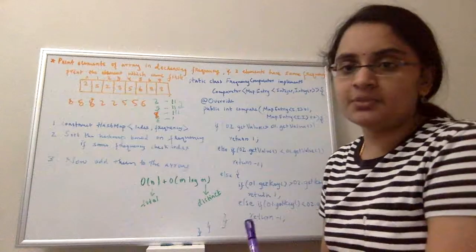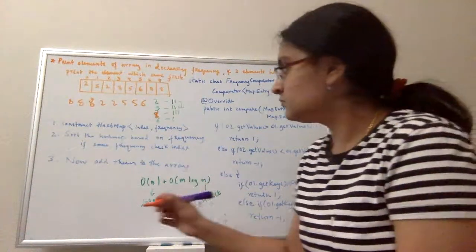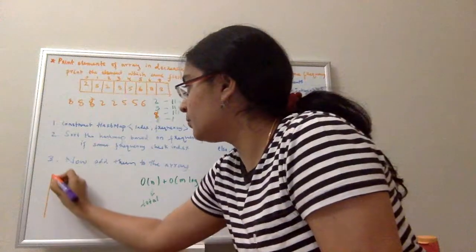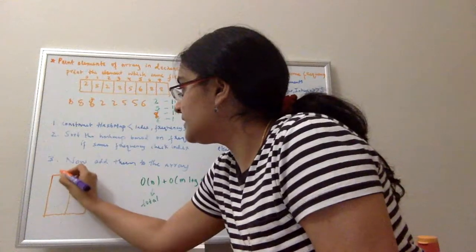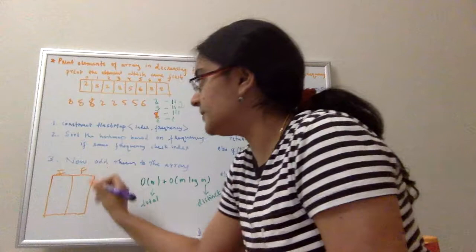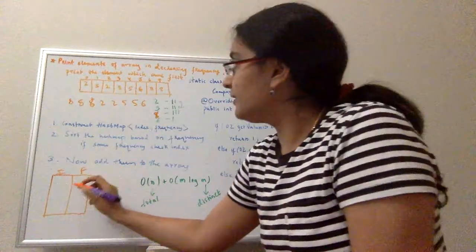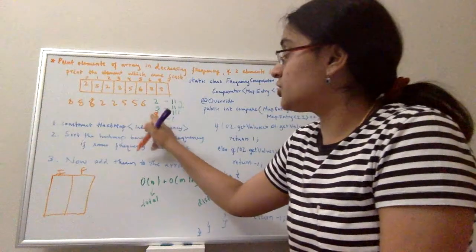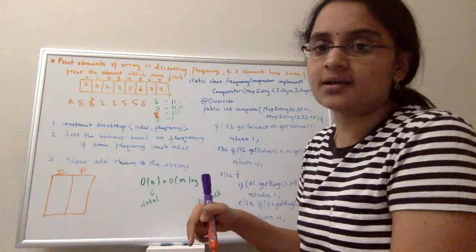So the first step in solving the problem is we have to construct a hash map with keys as the indexes and the values as the frequency. Like how we did it here, but instead of storing the actual numbers, we will store the index of its first occurrence.